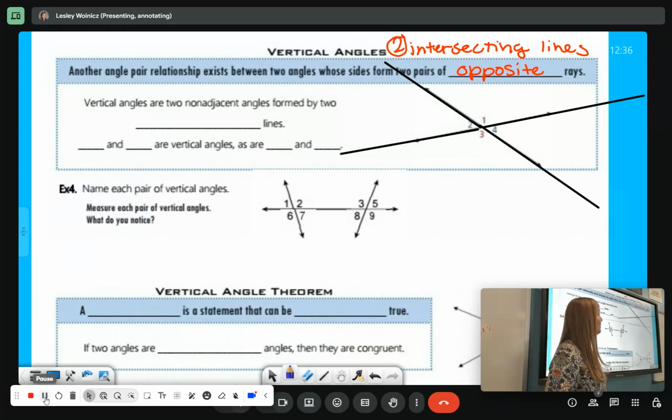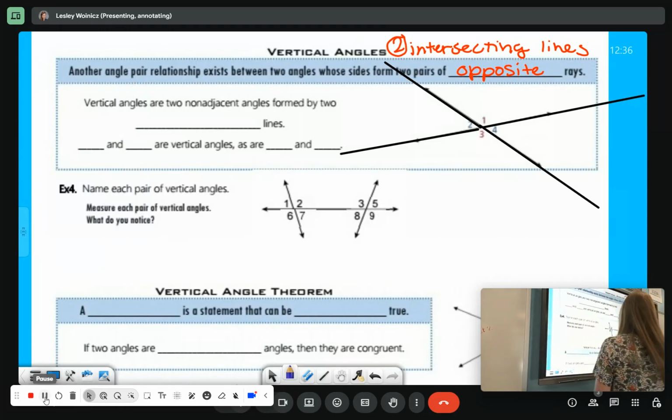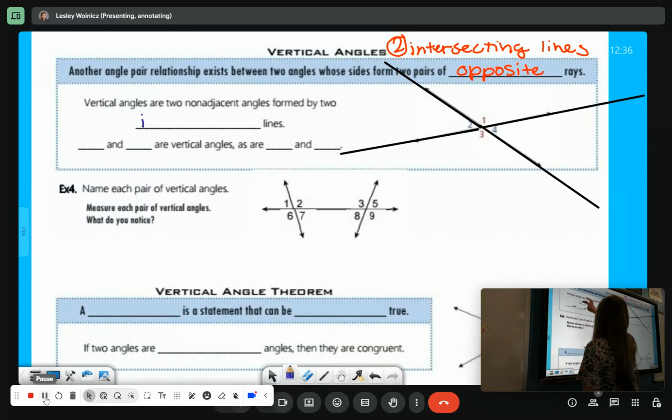All right, I want you to measure angles 1 and 3 with your protractors. Yeah, 1 and 3 are opposite. I got 44.